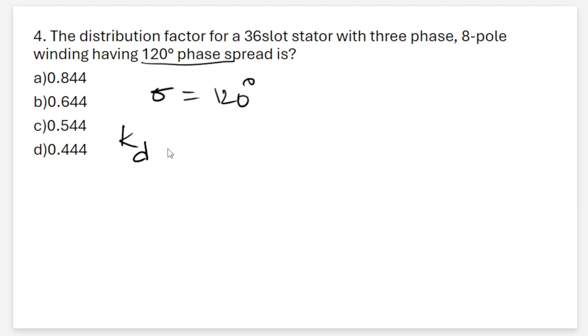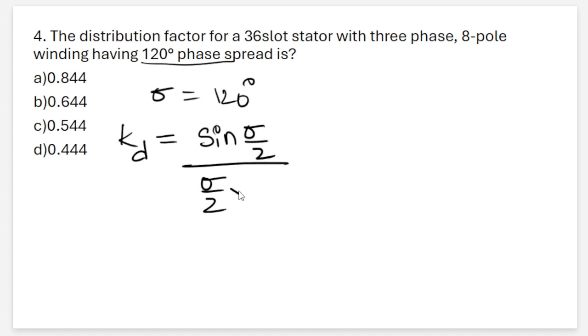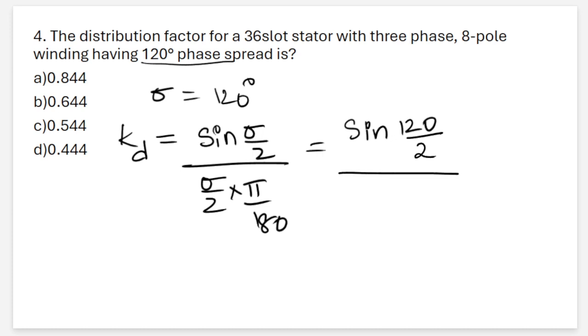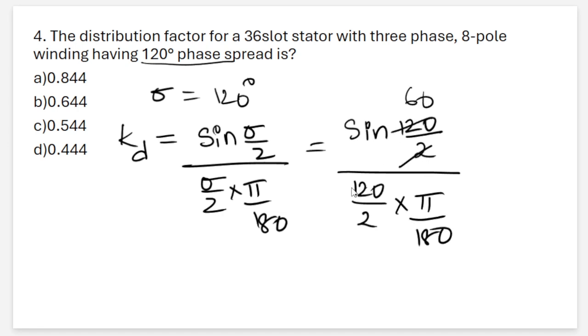We use the formula Kd is equal to sine(sigma/2) divided by (sigma/2 into pi/180). Substituting the sigma value, Kd is equal to sine(120/2) divided by (120/2 into pi/180). 2 ones are 2, 60s are 60, so the zeros cancel out, 6 ones are 6, 3s are 18.